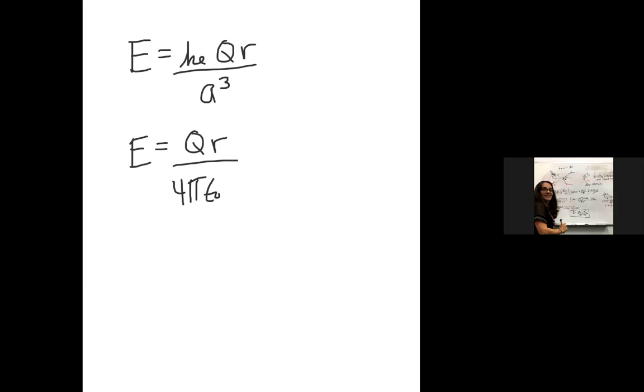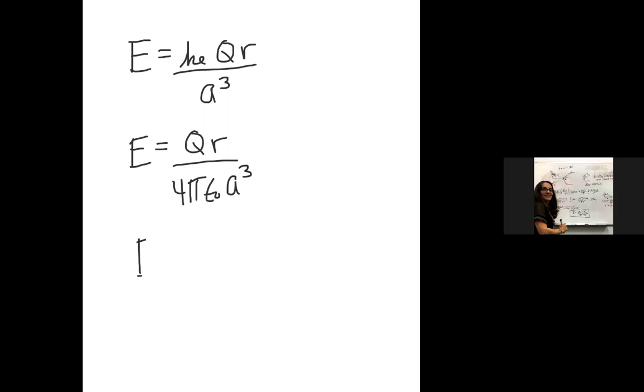I can say k_e Q r over A cubed. I can say Q r over 4 pi epsilon naught A cubed.